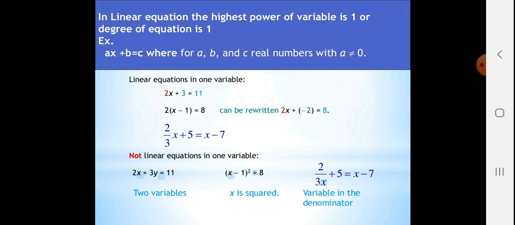You can also write 2 in the bracket x minus 1 is equal to 8, and 2 divided by 3 x plus 5 is equal to x minus 7. So in all three examples, the power of the variable is 1. So that is called the linear equation in one variable. Here are a few more examples of equations: 2 variables, squared variable and variable in the denominator.